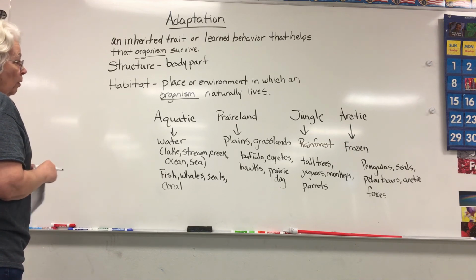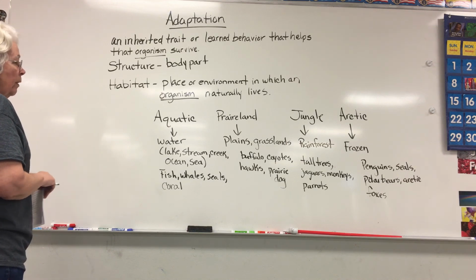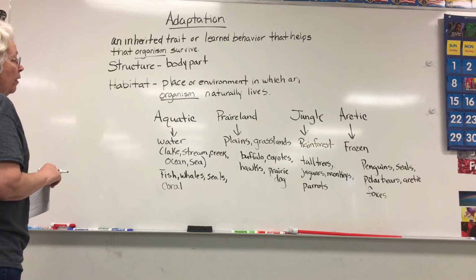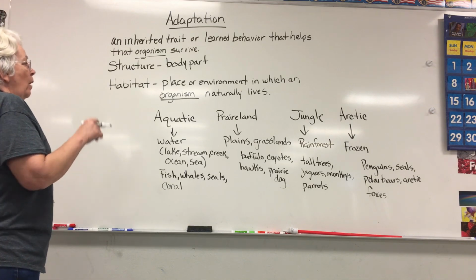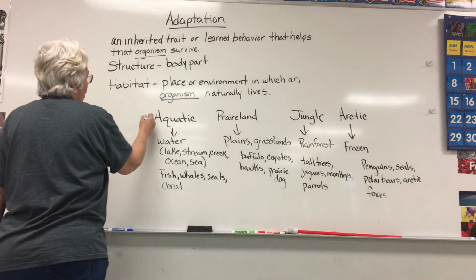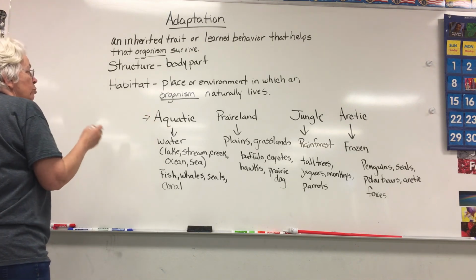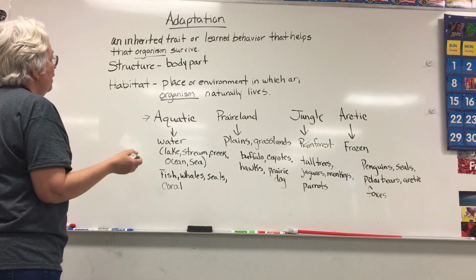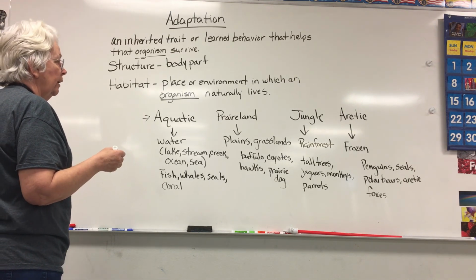Like I said, there will be a quiz over this. There's also going to be a worksheet I'm going to try to get together. I'm going to give you about 16 plants and animals. You have to tell me what habitat they live in, what special structure they have, and what is the function of that structure, and you're going to type that all in and turn it in.